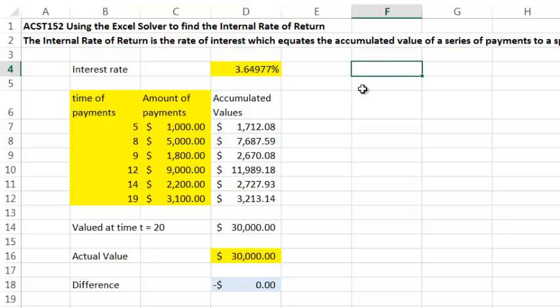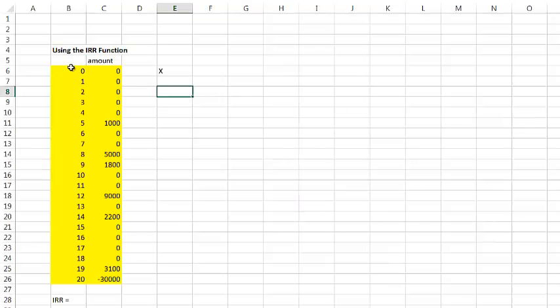Okay, so the next thing we want to do is show you the internal rate of return calculation. Excel actually has a built-in function which will calculate the internal rate of return for you. So the IRR function assumes that there's a set of payments which are all equally spaced.